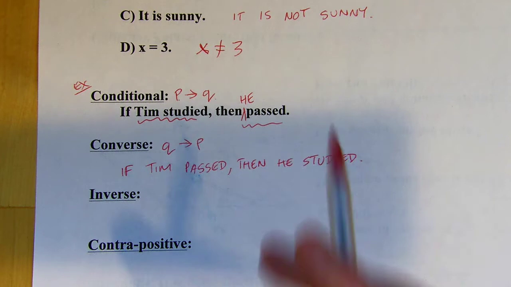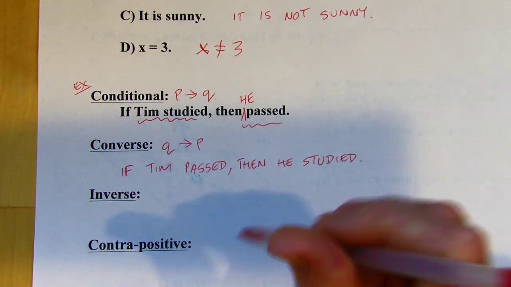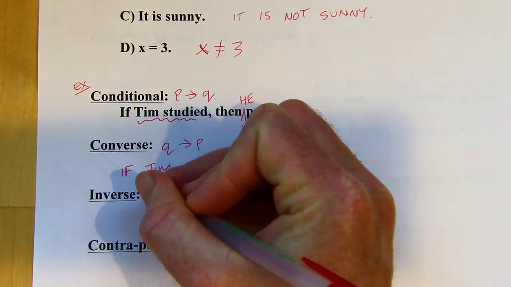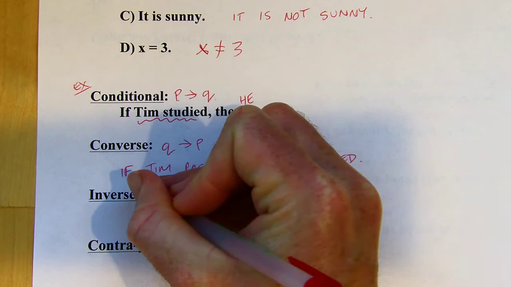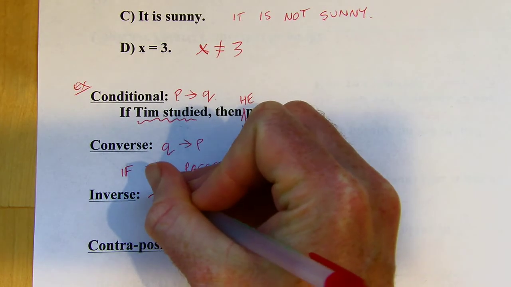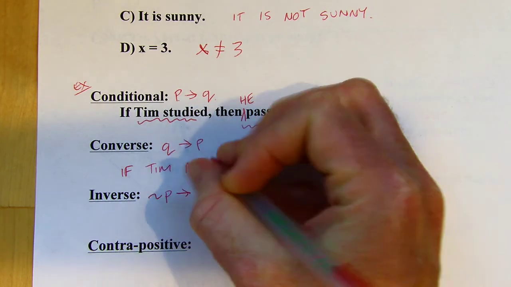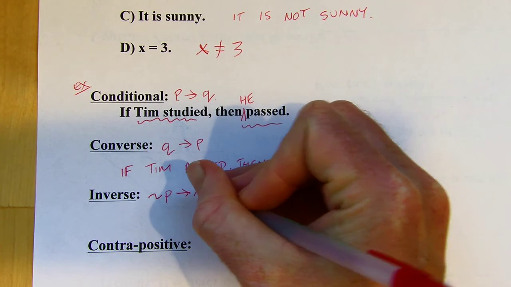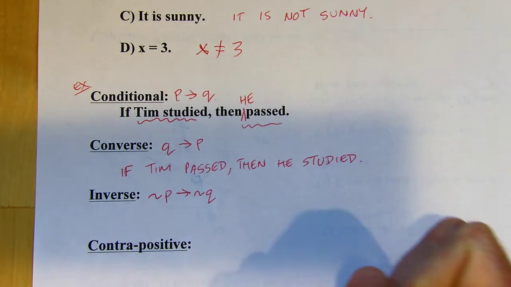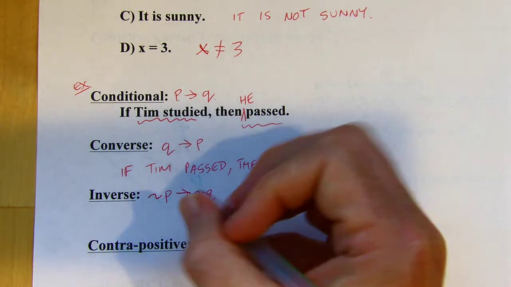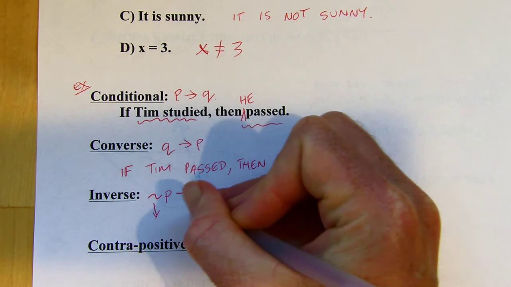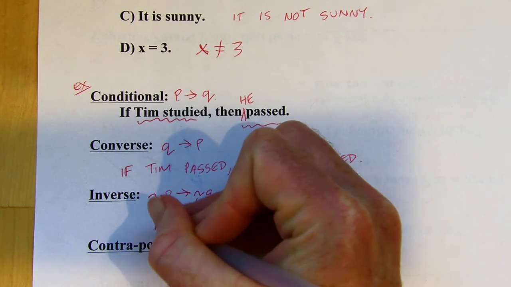All right, next up, I've got what's called a negation. The symbol for this is a little squiggly line followed by the lowercase p, and then another squiggly line in front of the Q. Those squiggly lines mean that these are negations.